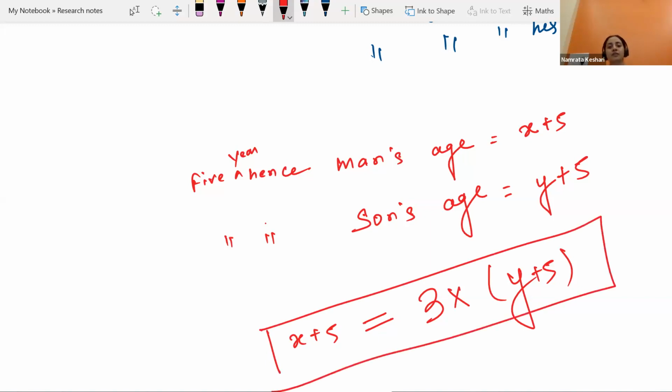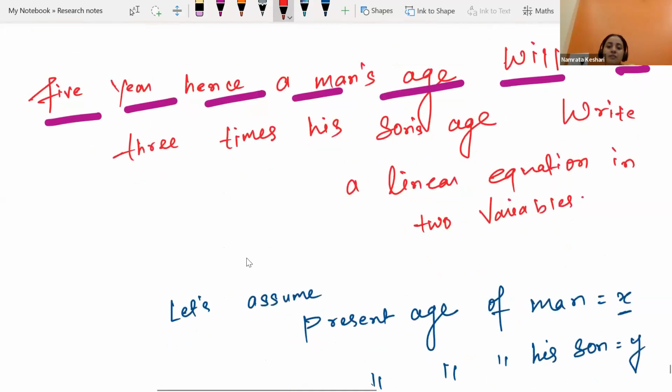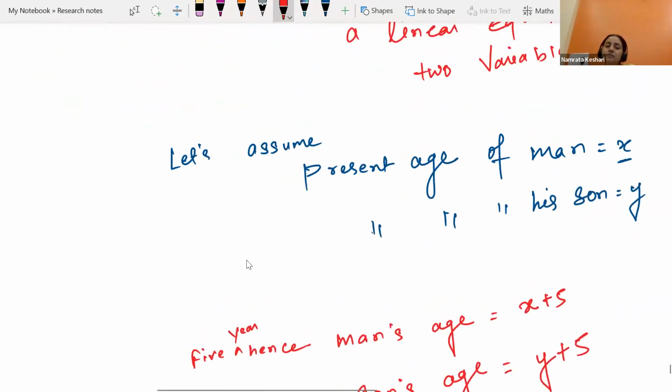Instead of y, can we take x? Both x. Present age of man is x, and present age of his son is also x.